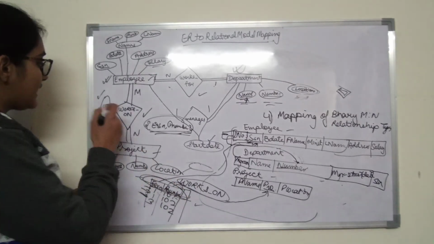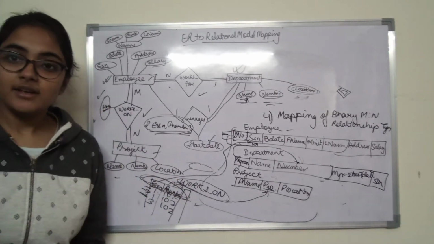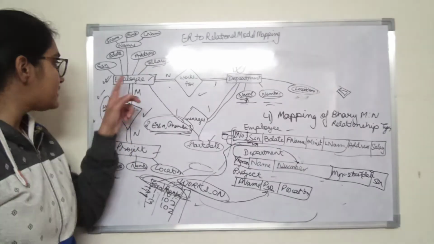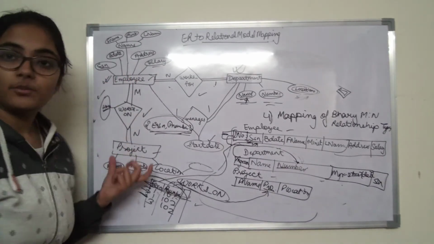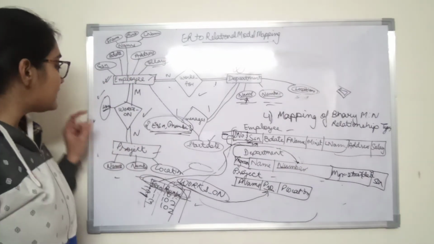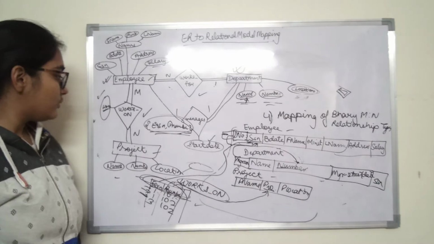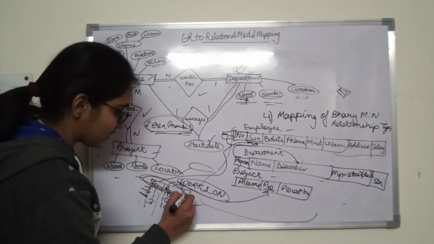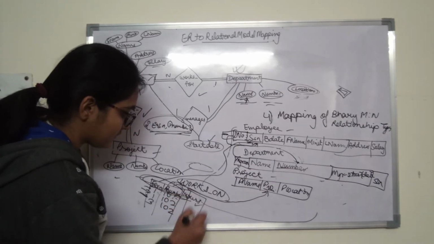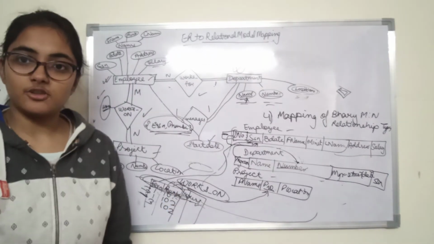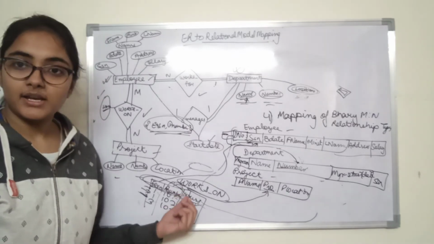Let us say here hours is an attribute that records the number of hours the employee is working on a particular project, right? This attribute is attached to the relationship type, so include it in this relationship relation. So include hours also as an attribute here, right?